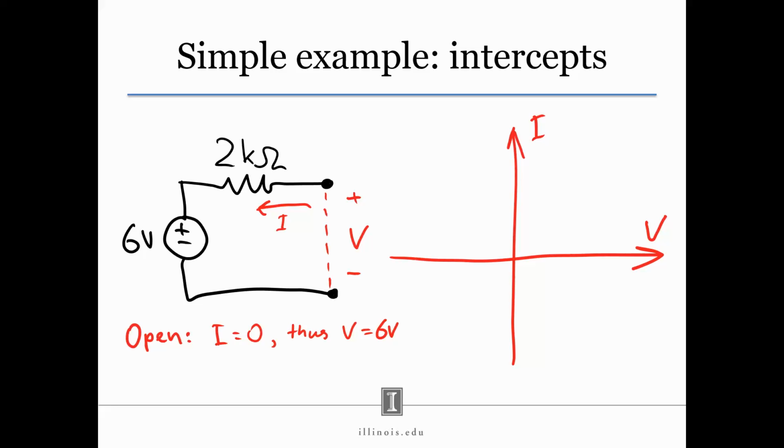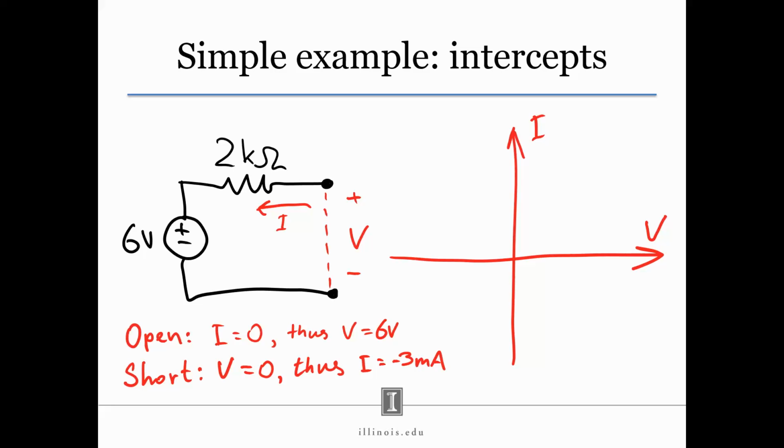Now let's consider if we short the circuit, then V is 0. We can very quickly analyze this circuit and realize that I, in this case, is minus 3 milliamperes. The opposite direction of I would be start voltage of 6 minus 0 divided by 2 kilo ohms, and that would be 3 milliamps, so reversing the direction gives minus 3 milliamps.